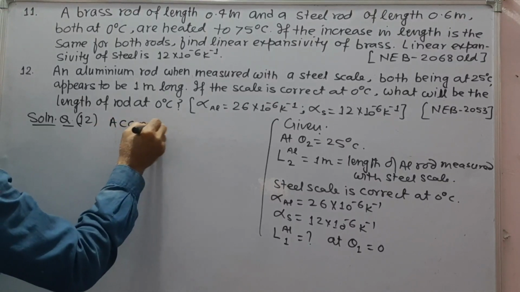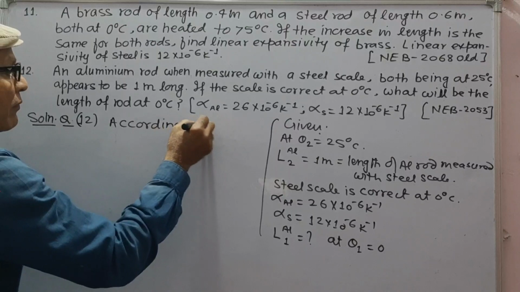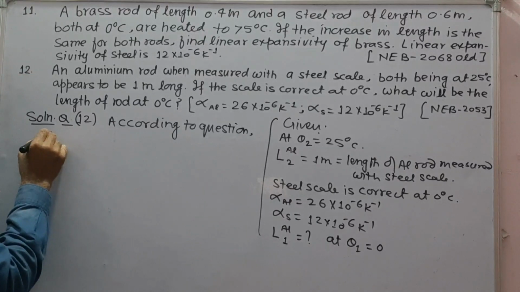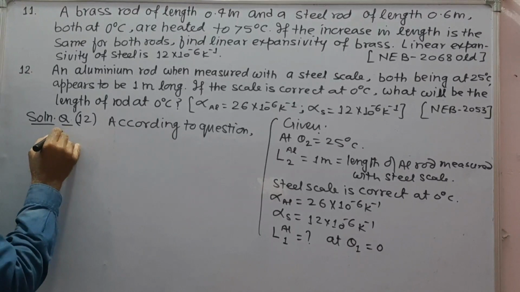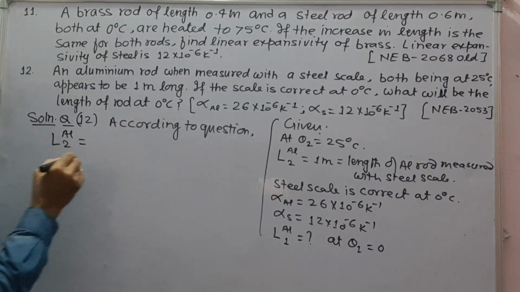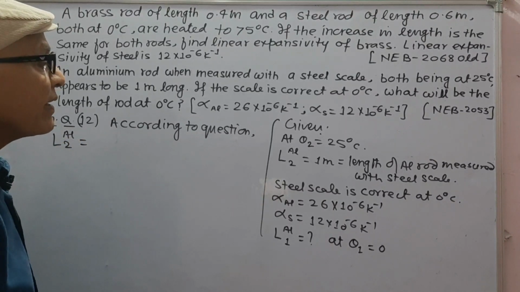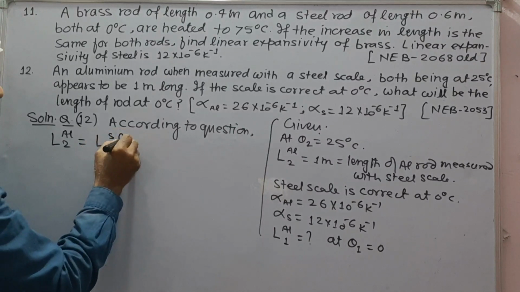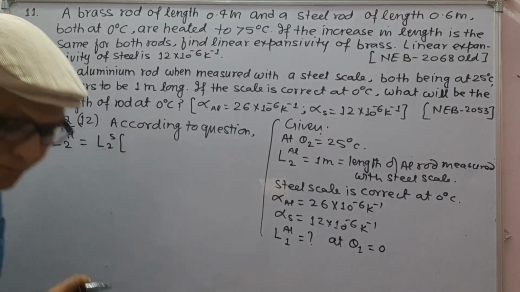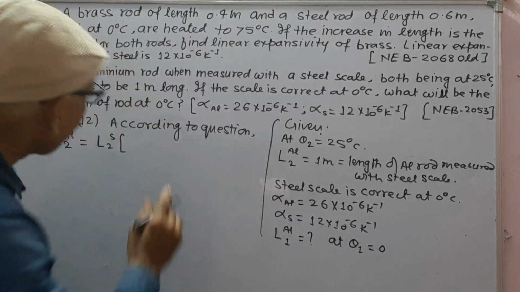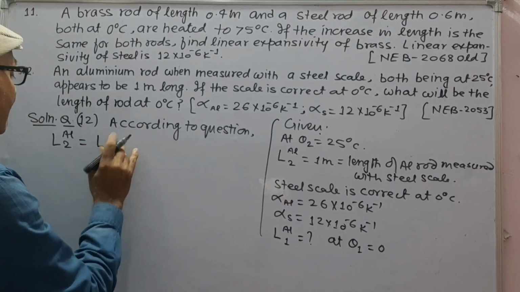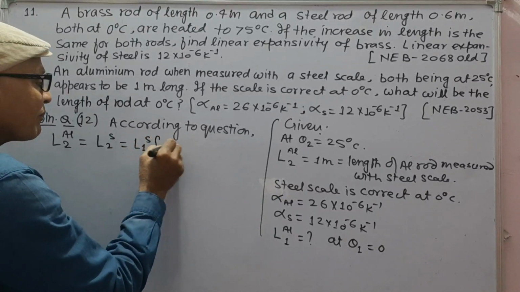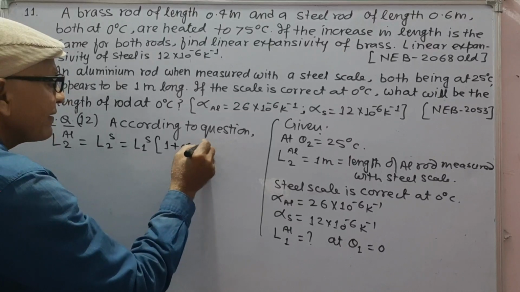According to question, L2 of aluminum as measured with the steel scale will be equal to L2 of steel, which is equal to L1 of steel into 1 plus alpha of steel delta theta.